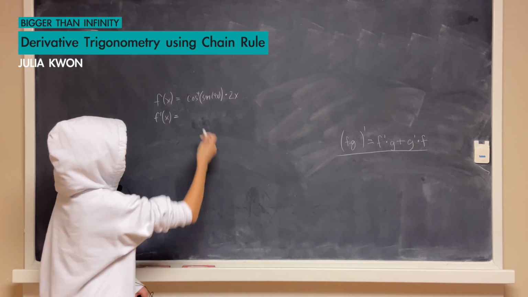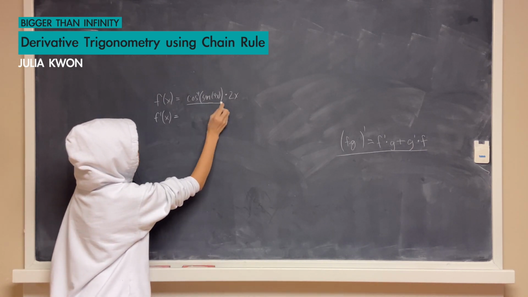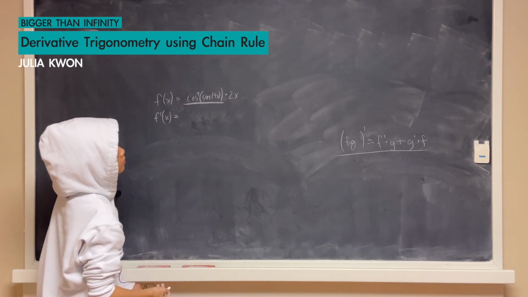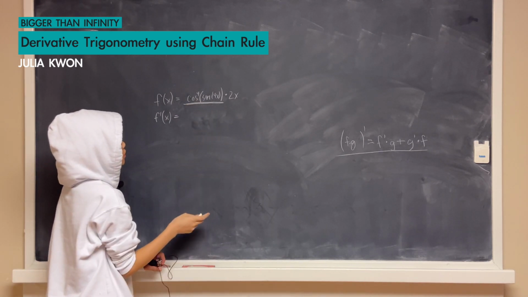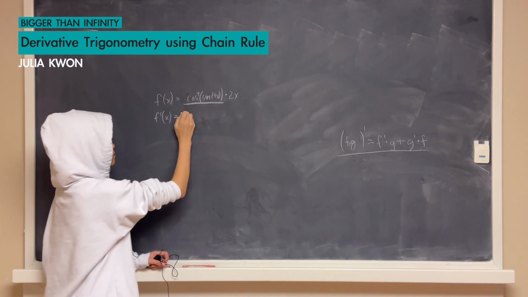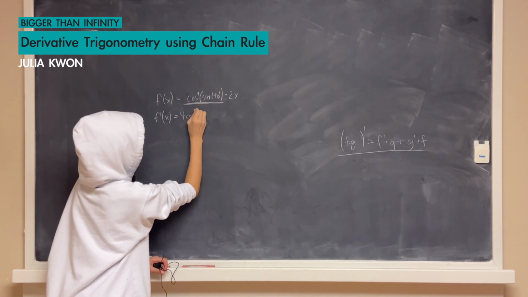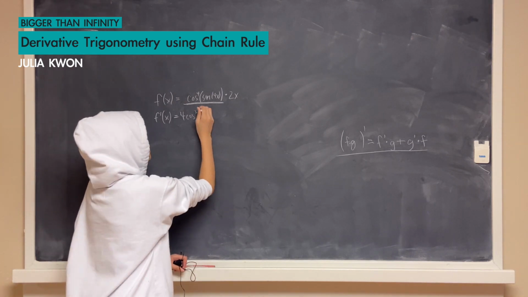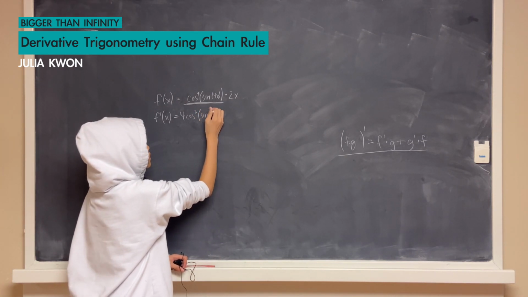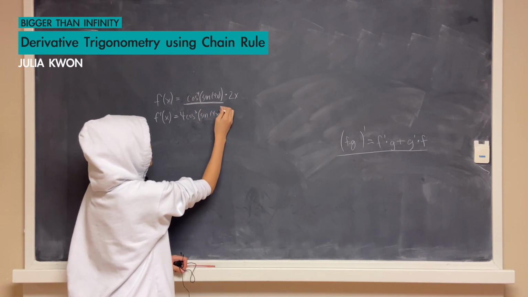So if I choose to derive this part of the function first, we would have to use the chain rule, of course. The 4 comes down, 4 cosine, and 4 minus 1 is 3, so to the power of 3, and everything inside stays the same.